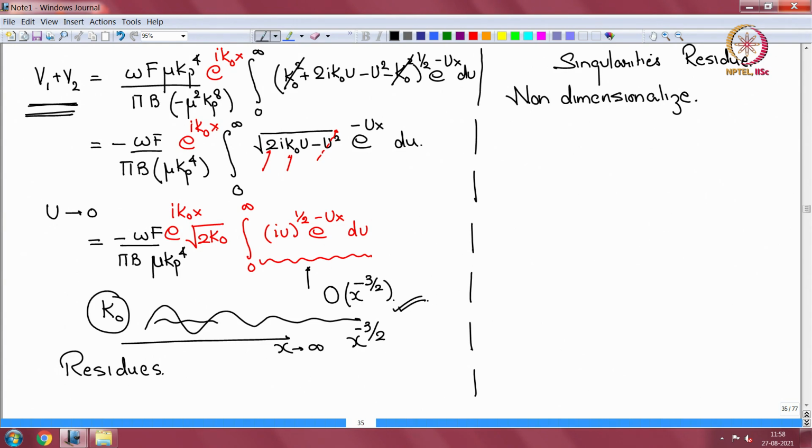So the denominator at some point was k fourth minus kp fourth into square root of k square minus k0 square, minus mu kp fourth. Cutting short the entire discussion, we need one parameter, which is the non-dimensional frequency.